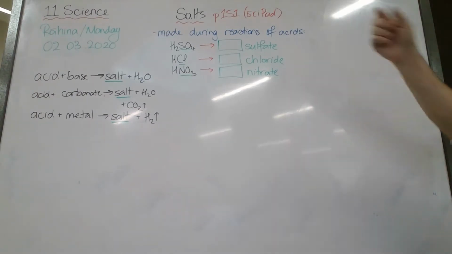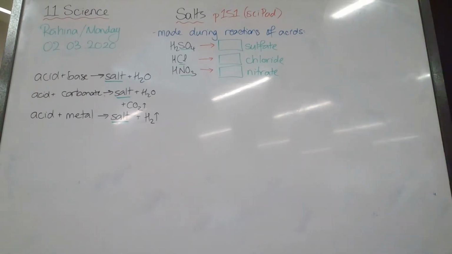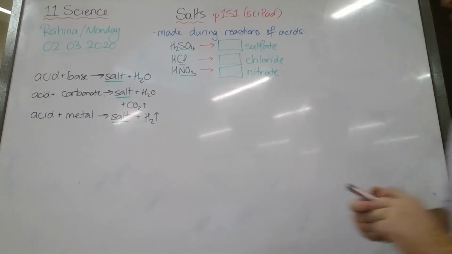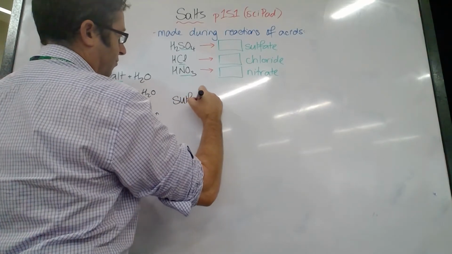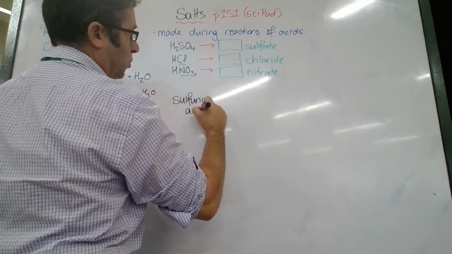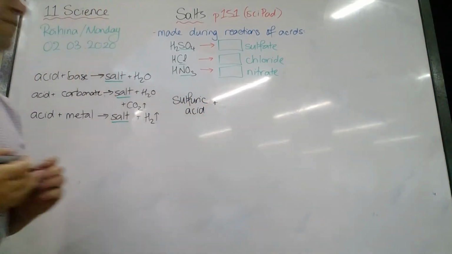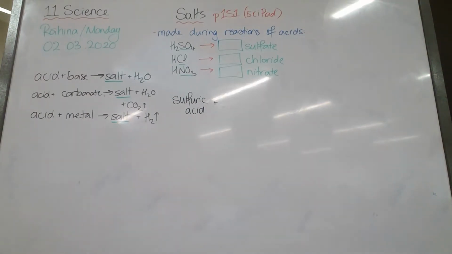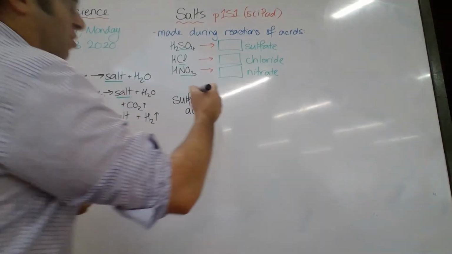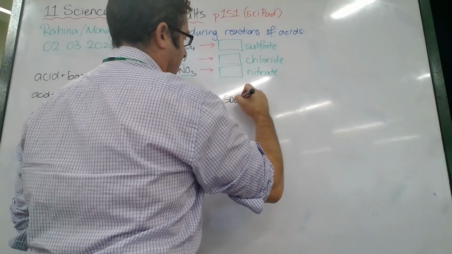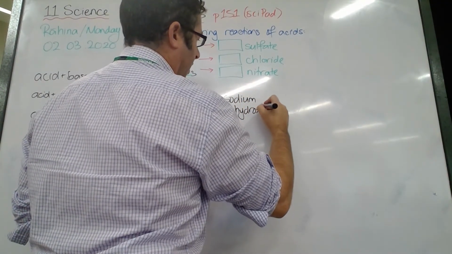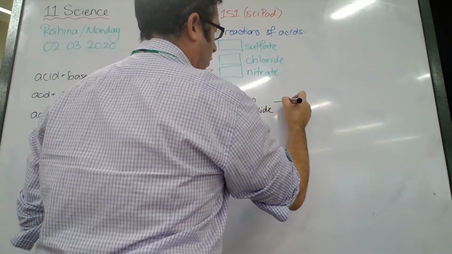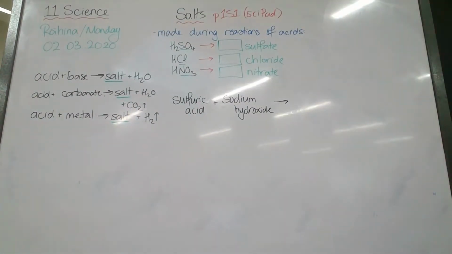Where do I get what's in those green boxes? I'm going to use a couple of examples that hopefully will show you where we get that from. I'm just going to use word equations. If I've got sulfuric acid and I react that with sodium hydroxide, which we know is a base because it's a hydroxide, then this is where we get the words for the salts.